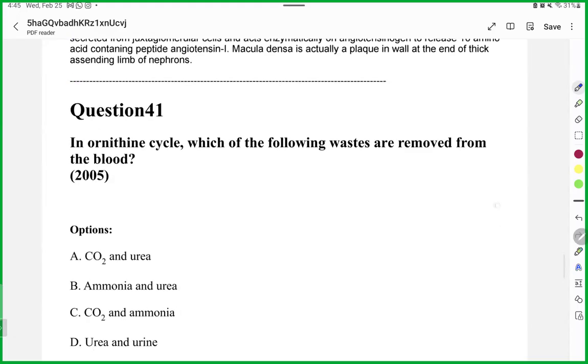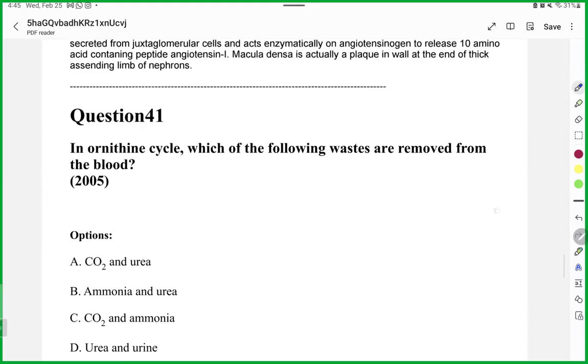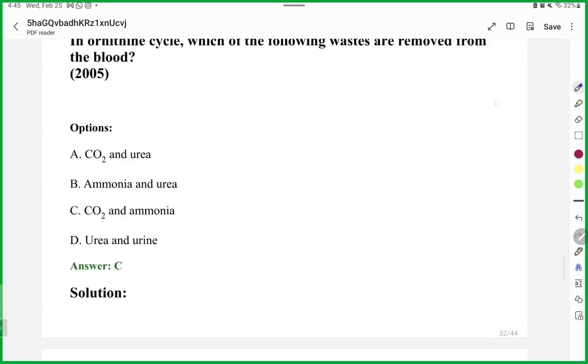In the ornithine cycle, which of the following wastes are removed from the blood? What is the ornithine cycle? Ornithine cycle converts ammonia into urea. So ammonia and urea, option B. No, ammonia will be converted into urea, so urea will be produced. CO2 and ammonia.